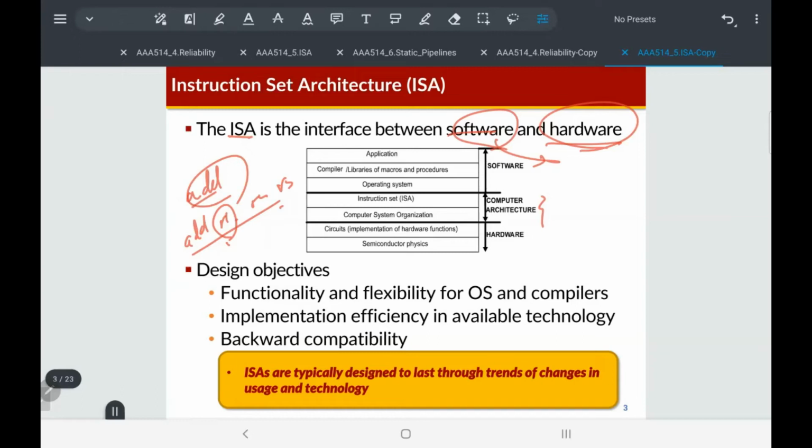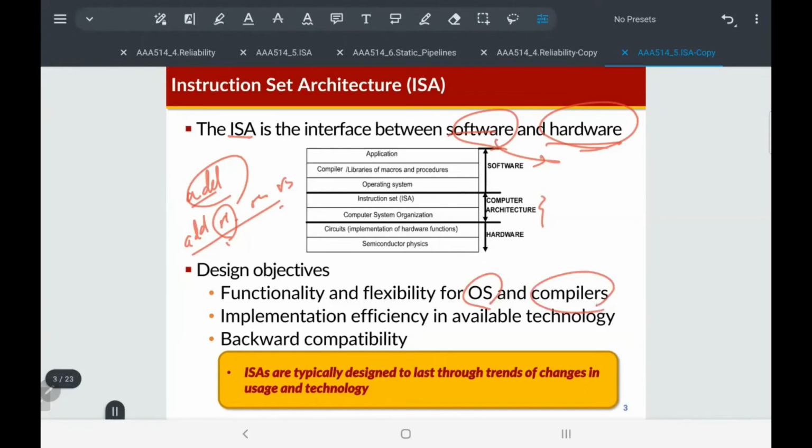Compilers generate the machine code, and the machine code includes the instructions. These instructions are given to the computer processor, the hardware, which generates the result defined by those instructions. So this is the interface between software and hardware, and usually the ISA is related to the operating system and compilers.